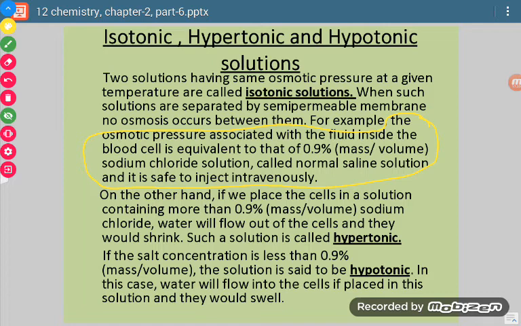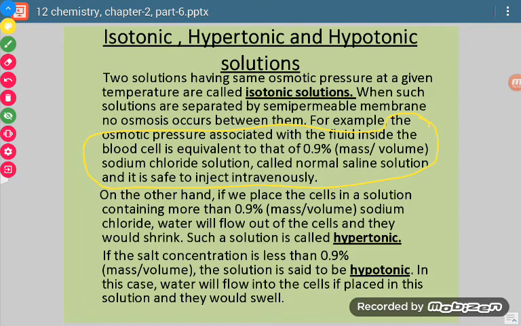and they would shrink. Now what we are saying is that if we have taken a cell and we keep it in a saline solution where the concentration is more than 0.9%, then what will happen? Our blood cell solution will become the solvent side and the other saline solution will become the solution, and so solvent molecules will start moving from the blood cell towards the saline water and the cell will shrink.